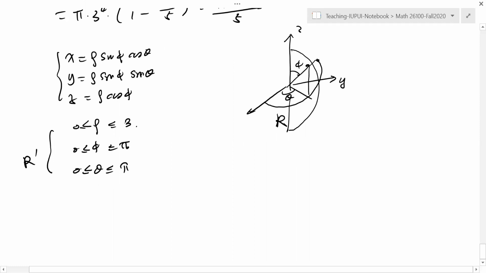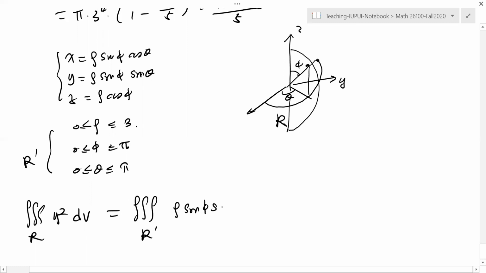So remember our triple integral, the integral of y squared dV. So this should be equal to the integral over R prime of y, which is rho sine phi sine theta, squared, and then you have a rho squared sine phi, dV prime.